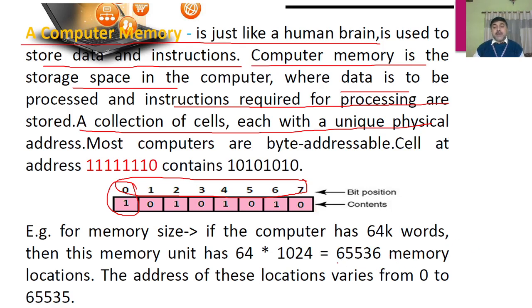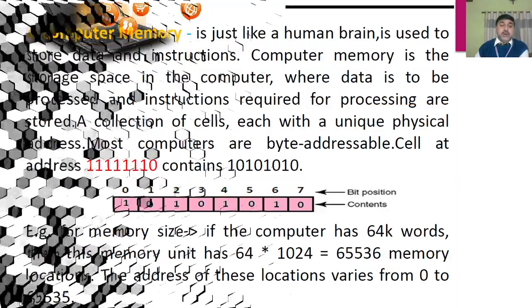Okay, 65536. This is the memory, and these are the memory locations. Memory locations will then start from 0 to 65535, isn't it? So this is how we can find different patterns of the memory system. Clear? So this is how memory is stored and how memory works.